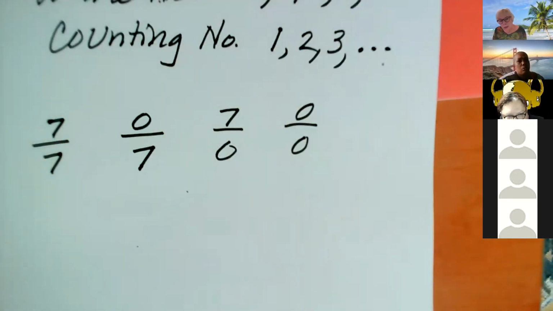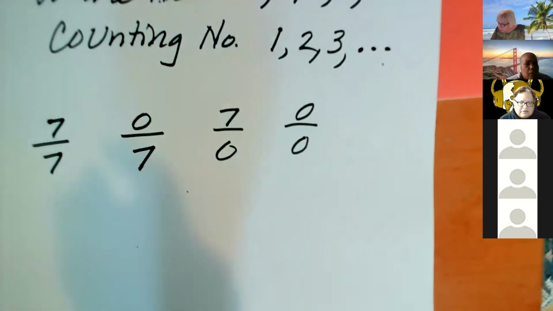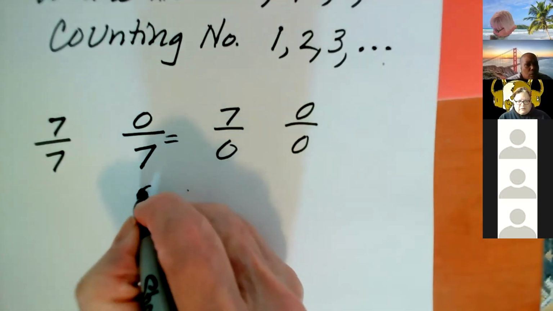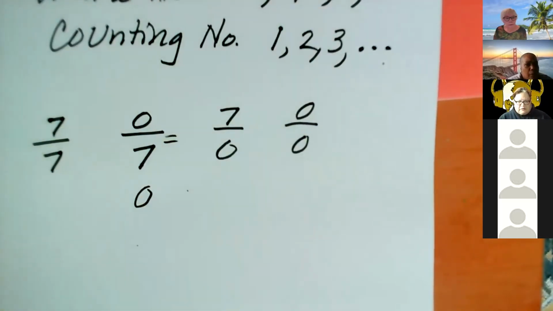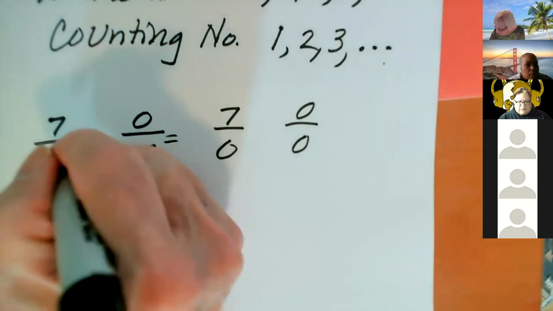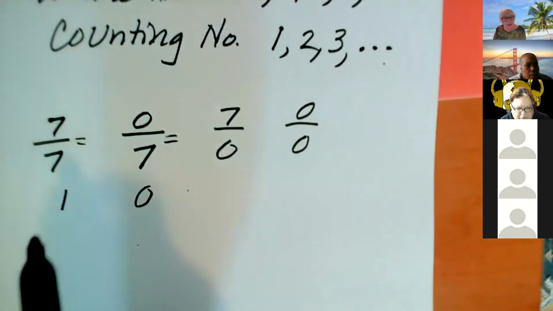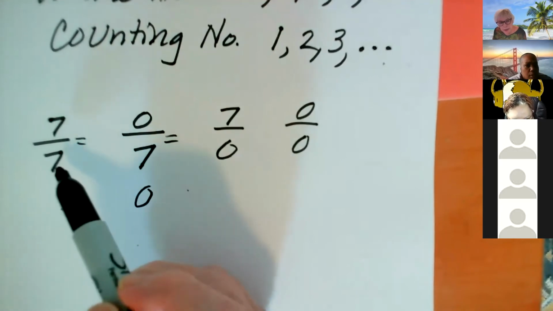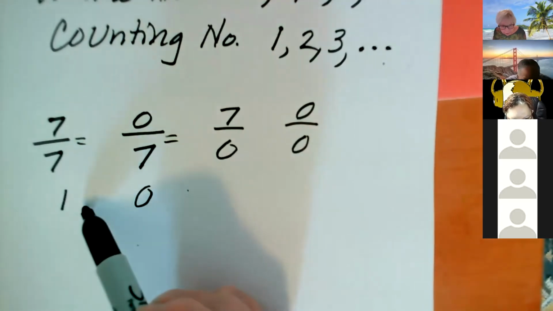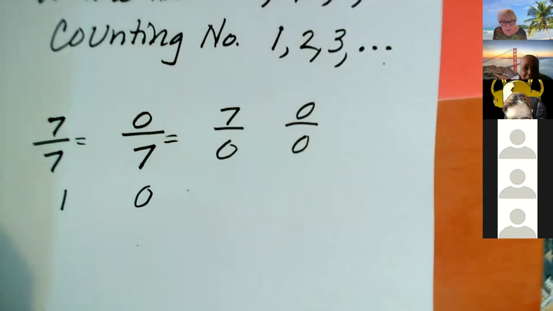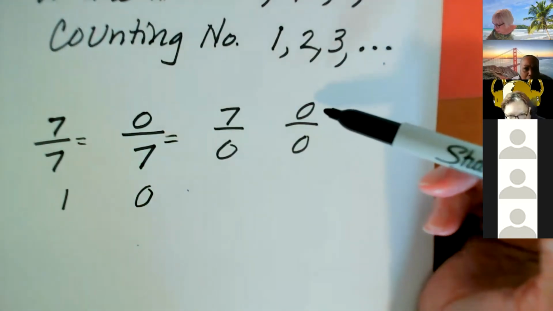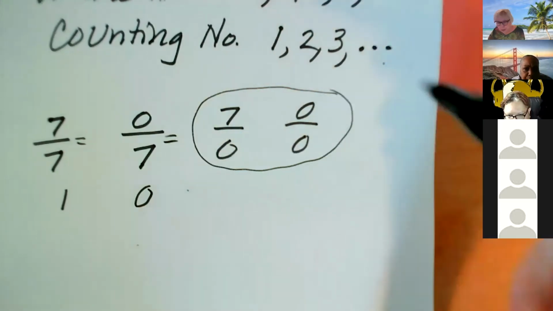No, that's not going to work. It is 0. The first one is 1. Yes, typically the same number divided by the same number is 1. There's a problem with zero here. The problem ones are here.